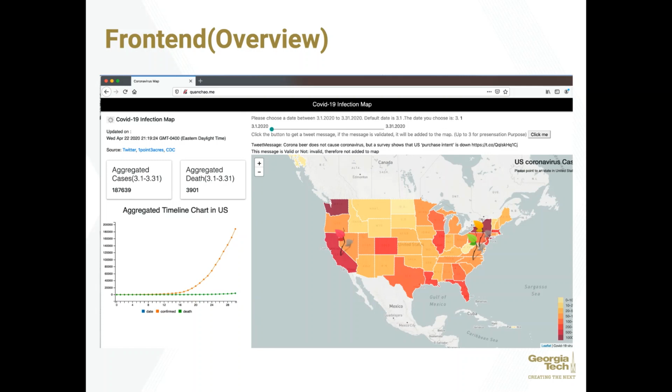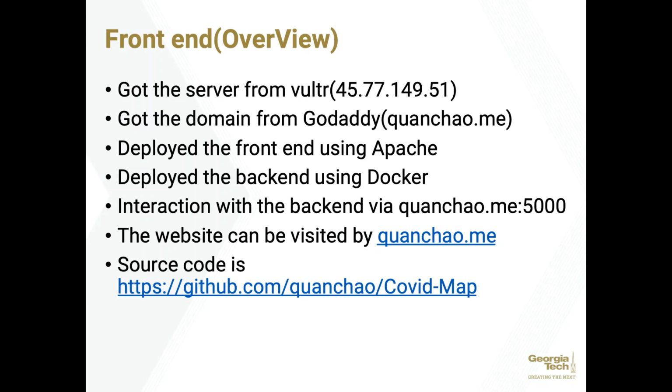You can also visit this website via the transautonomy domain. For the deployment, the server I got was from Wattler and the domain I bought from GoDaddy. The front end was deployed using Apache and it only uses HTML, CSS, and JavaScript.